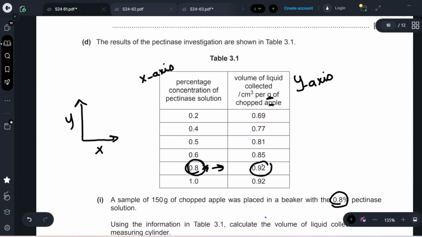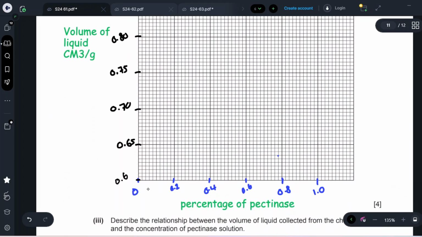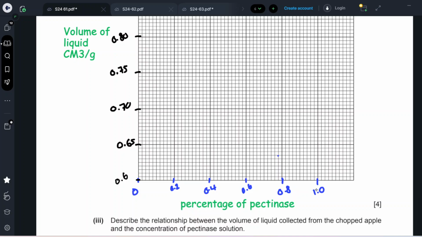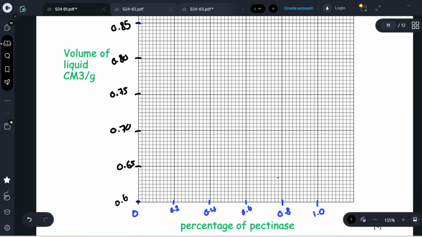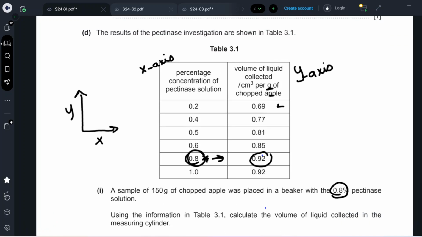And then I'm going to put my scale. On the x-axis, 0.2, 0.4, 0.6, 0.8, 1. I have from 0.2 till 1. On the y-axis, I have from 0.69 till 0.92. So I can put a scale from 0.65 to 0.95, for example.